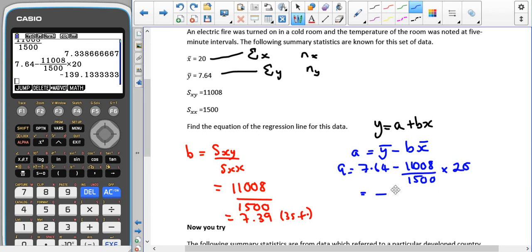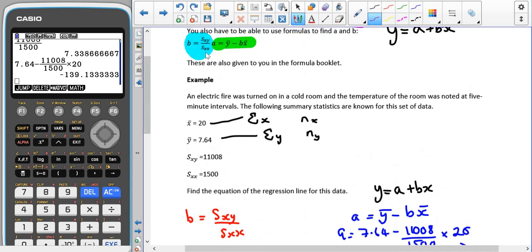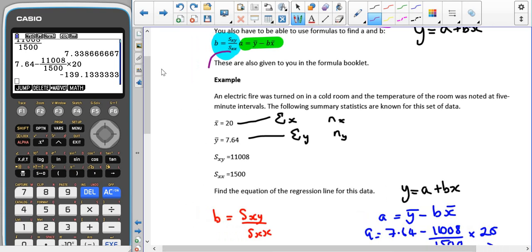And that gives us minus 139 to 3 significant figures. So our actual regression line is going to be y equals minus 139 plus 7.39x.